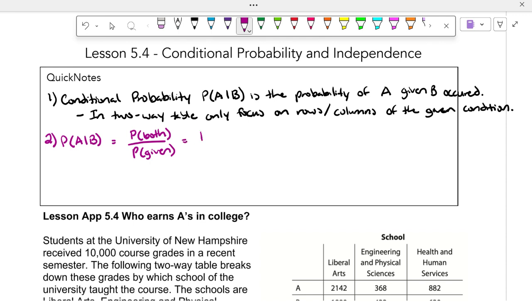So another way you can write it is P of A and B over P of B. You can also write it as P of A intersection B, because remember the upside down U is an intersection. We talked about that yesterday. All over the probability of B. So this is actually the traditional formula for how you would find conditional probability. You take the probability of both happening and divide it by the probability of your given happening.